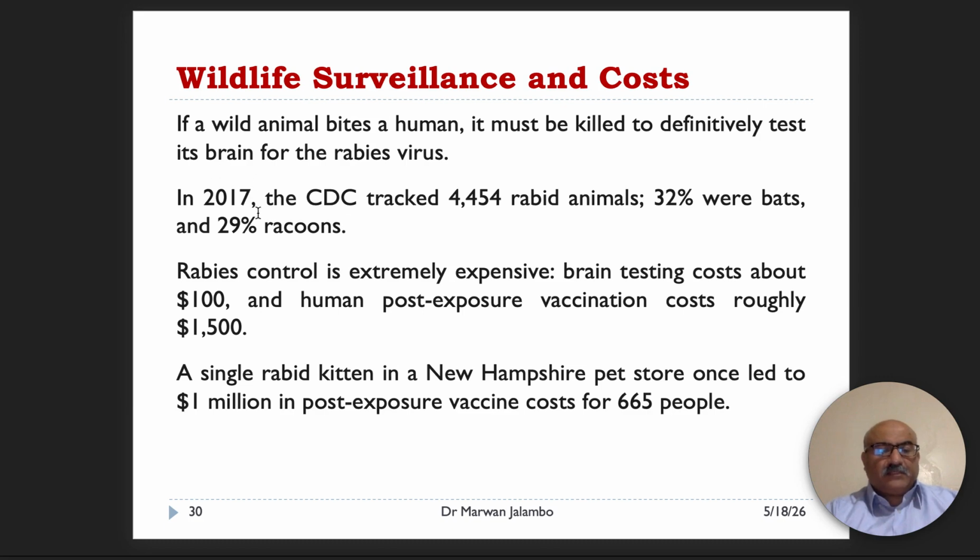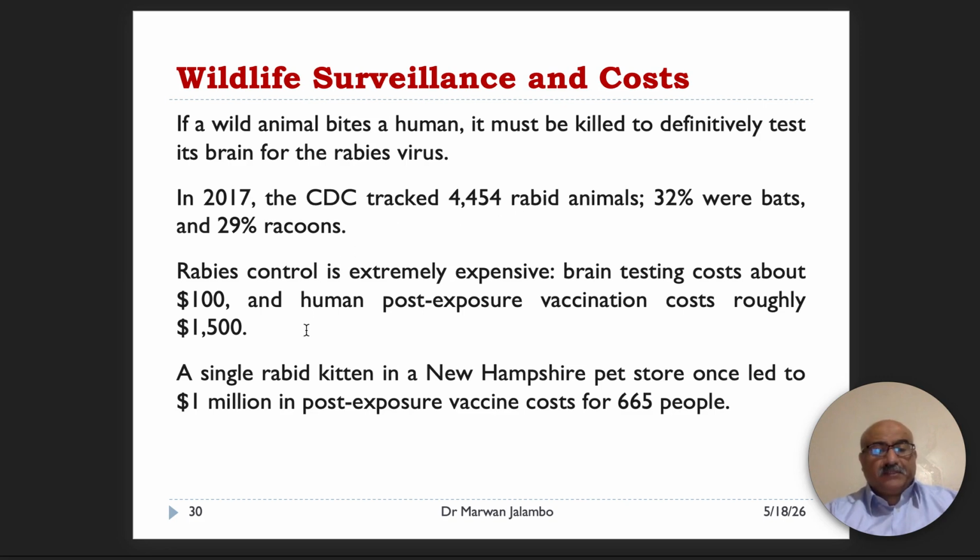During 2017, the CDC recorded 4,454 rabid animals. Nearly all were wildlife, primarily bats 32% and raccoons 29%.